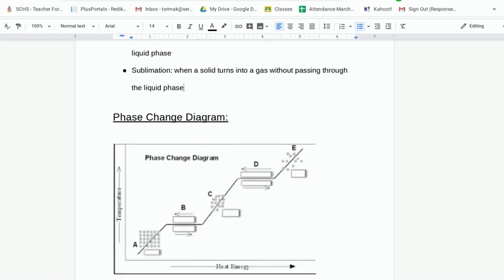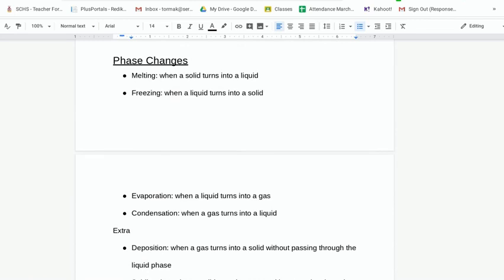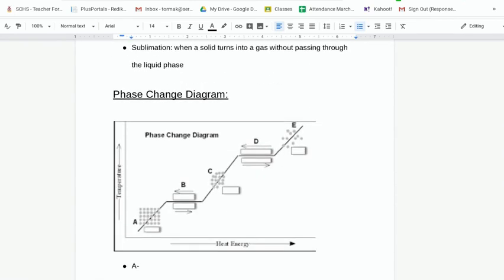Now that we have talked about all the different types of phase changes, we are going to talk about where they would be placed on a phase change diagram. This is just an overall way to learn phase change diagrams. It isn't on a specific substance, or else there would be certain temperatures along the y-axis.